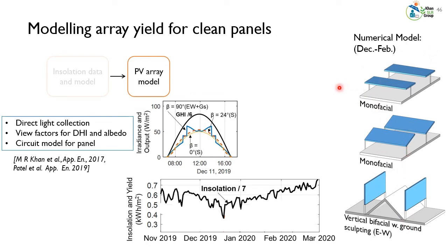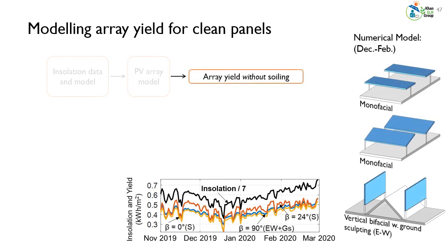For example, here we have 2 monofacial configurations. One is at 0 degrees, another is at 24 degrees, and we have a bifacial vertical panel array with extra reflection from the ground. Now you can calculate the output on an hourly basis and then integrate over time to get the output for each day.